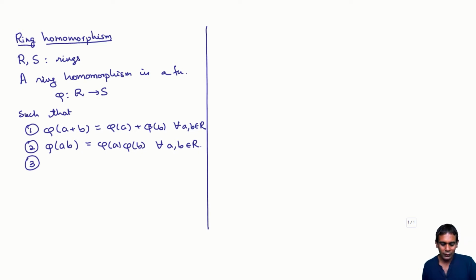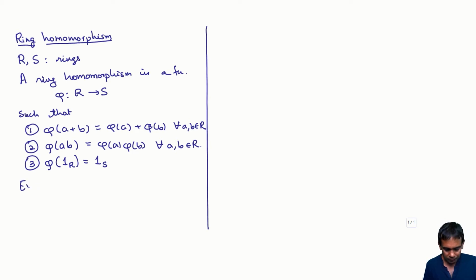And so you cannot argue that phi takes the multiplicative unit 1 of R to the multiplicative unit of S. So we need to add that as an axiom. Phi of 1R, by this I mean the unit element of R, is taken to the unit element of S. And this is not automatic.